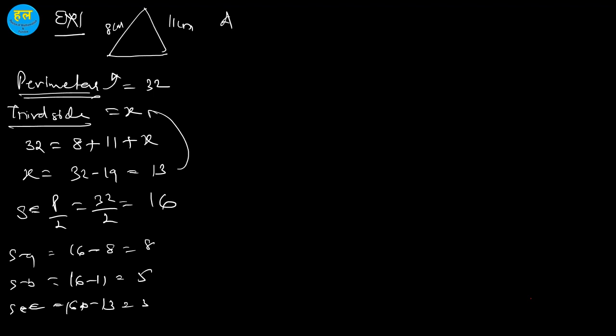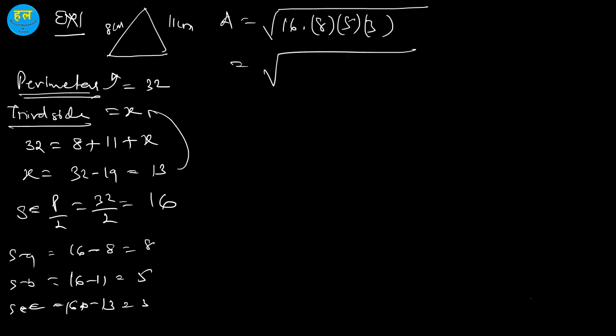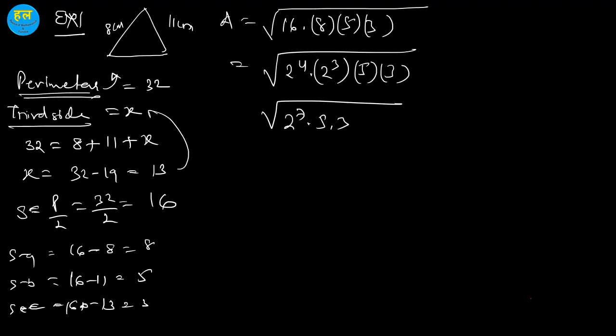When we put it in Heron's formula, we get under root of 16 into 8 into 5 into 3, is equal to under root of 2 to the power 4 into 2 to the power 3 into 5 into 3, which is under root of 2 to the power 7 into 5 into 3.